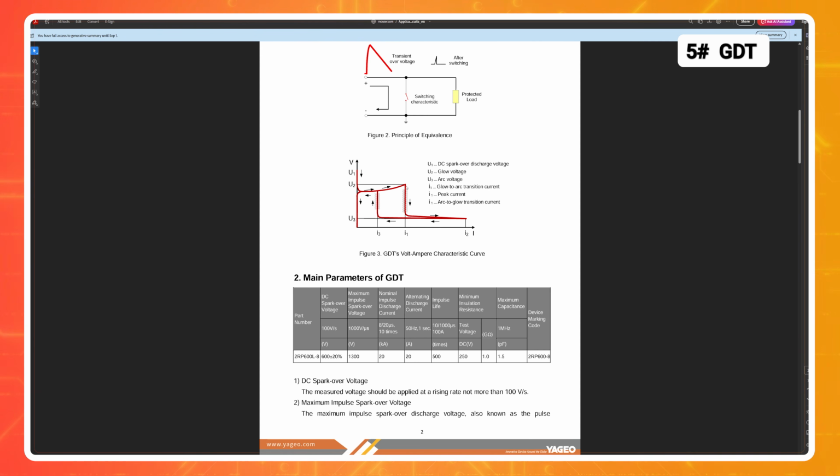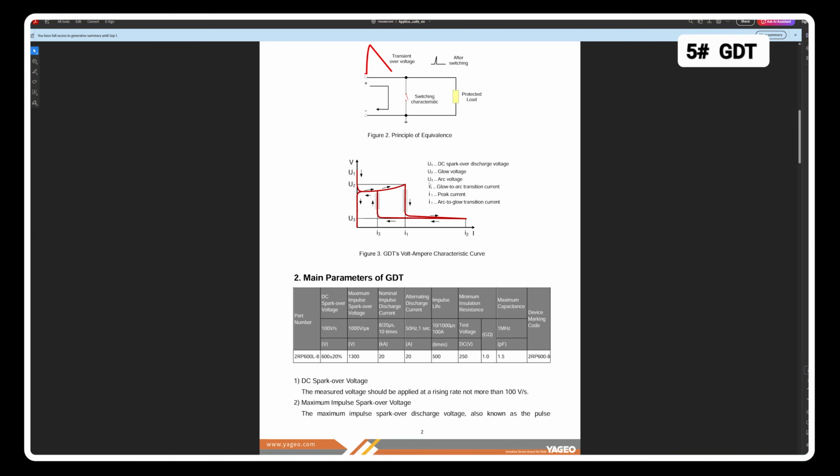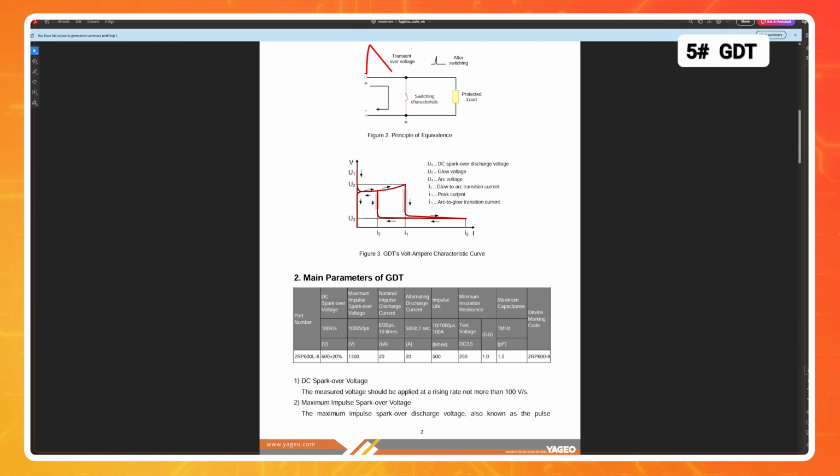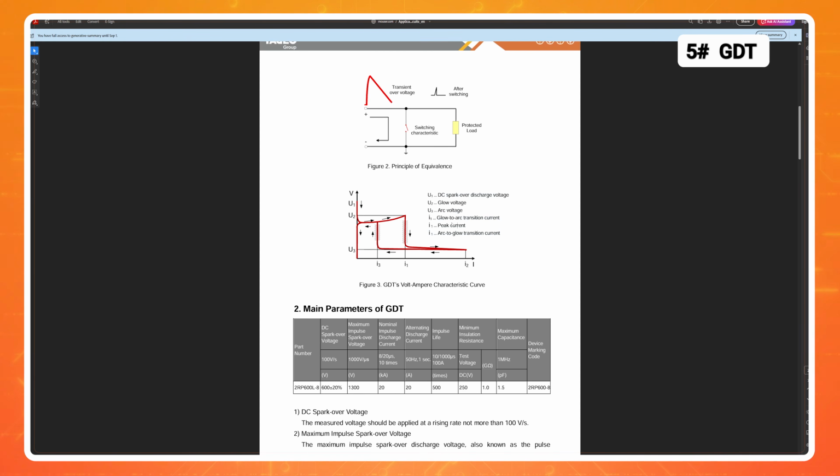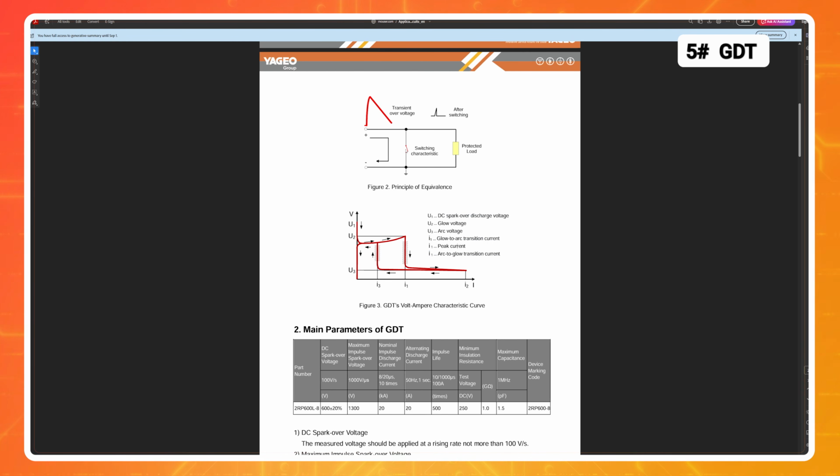Once the surge is removed, instead of going all the way back down, it drops to that arc voltage, which essentially means unless your voltage is blocked after the event, the gas discharge tube will continue conducting and acting as a short circuit.